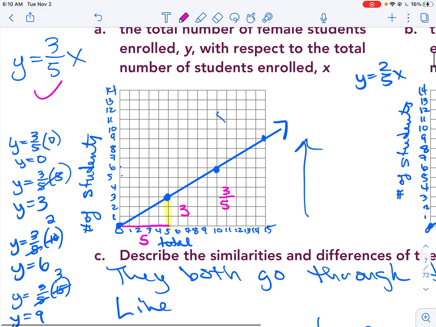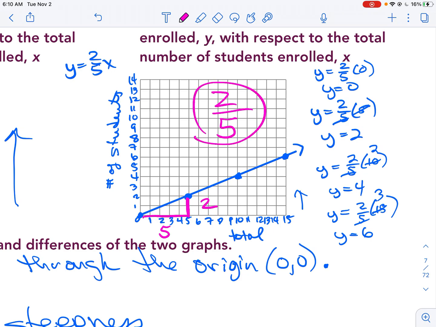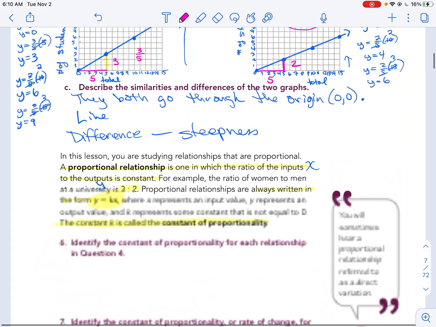Well, look at that. Then this one, the y, or how tall it is, over how far it went over. Look at that. It stays the same. It's the constant of proportionality.